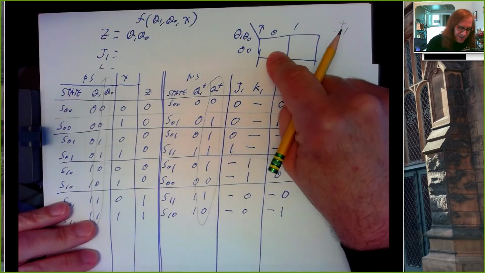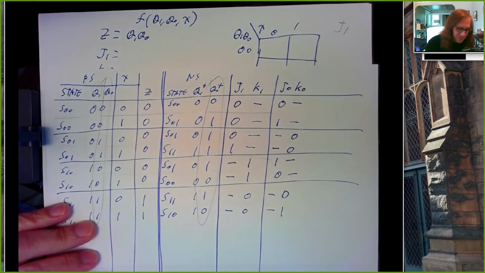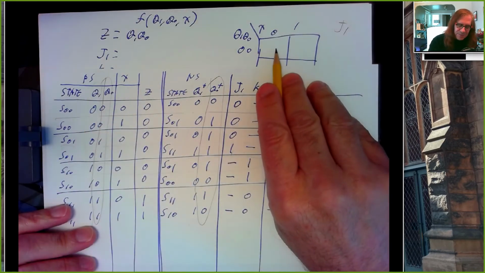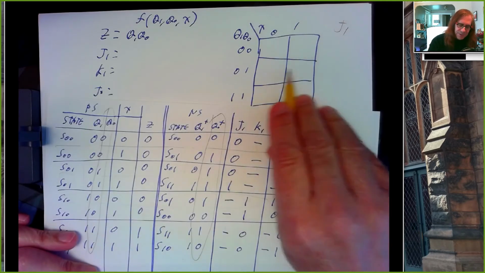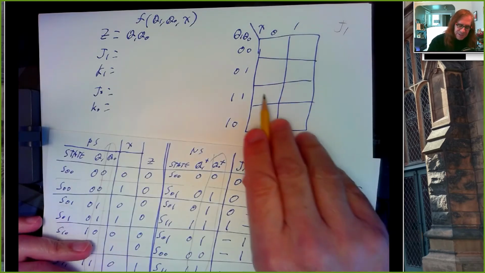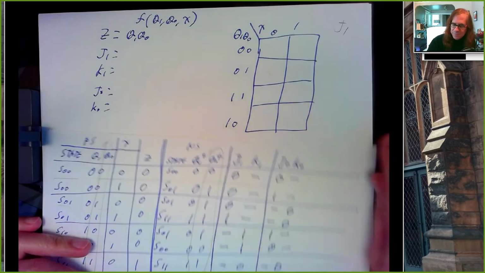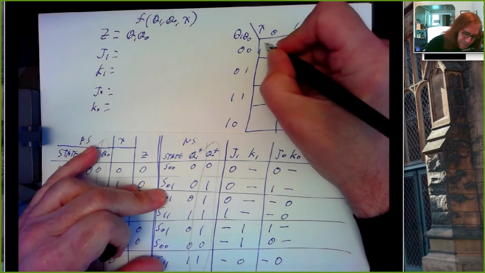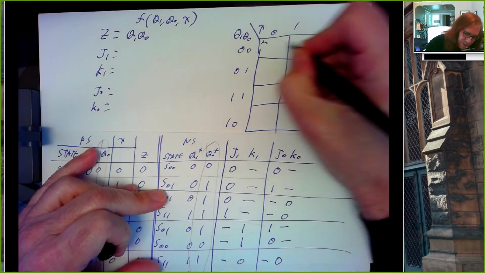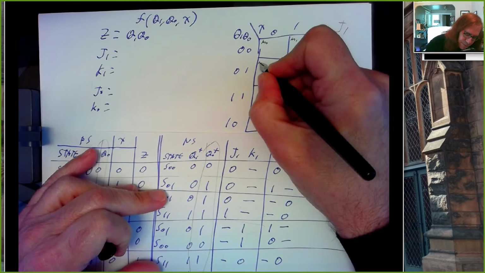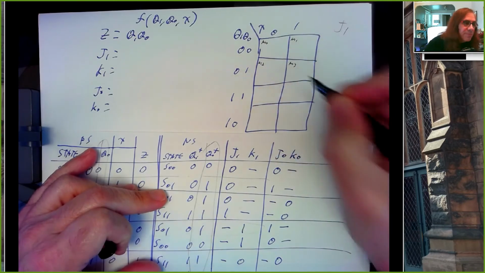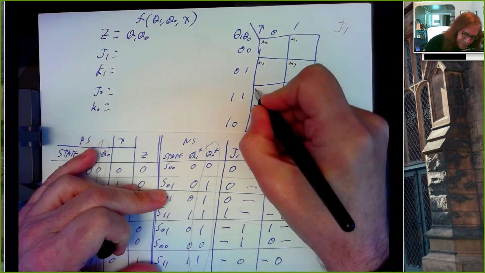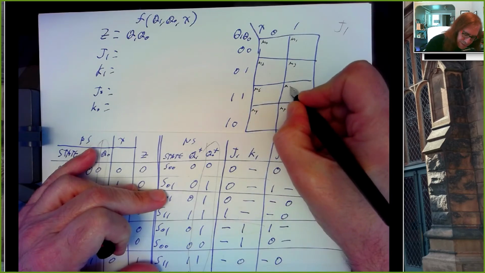So I want to fill in my values for Q1, Q0, and so the way I've written my truth table, Q1, Q0, X, this will be my first row, second row, third, fourth, fifth, sixth, seventh, eighth. So maybe I'll ink these in very lightly. This is minterm 0, 1, 2, 3, and then 4, 5, 6, 7.